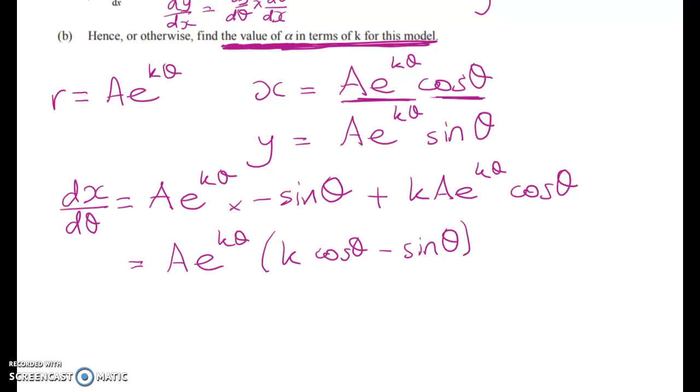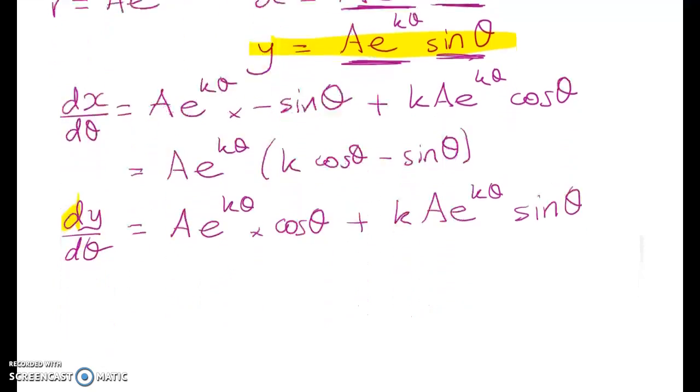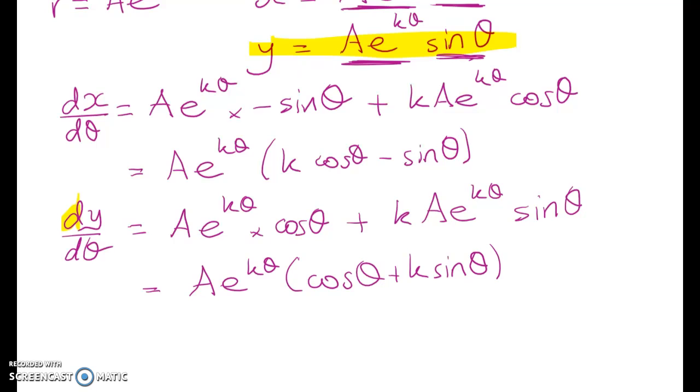Now we're going to do the same thing for y. So we're going to differentiate this one. dy by d theta, same again: this times the derivative of this, then vice versa. Okay, so that's the first bit done there.